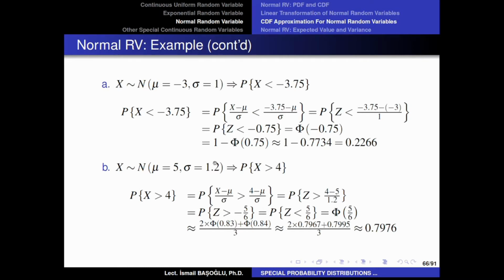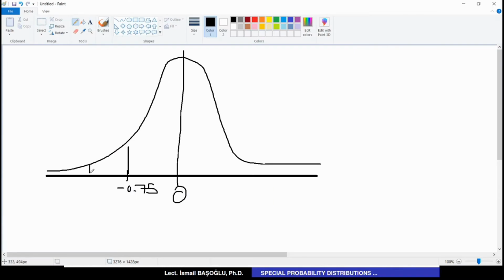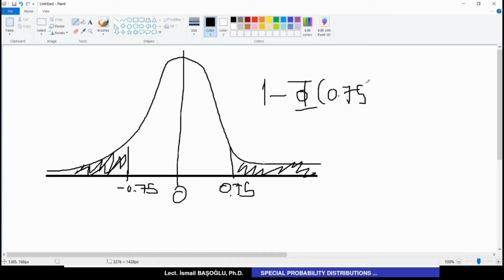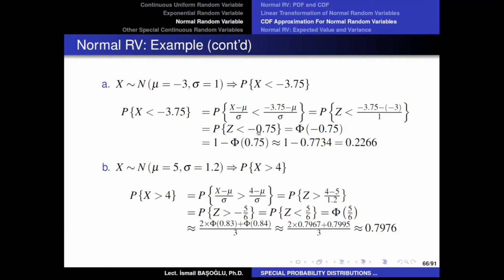So let me draw you the picture for that. So I am looking for this area. What is the area here? Now that area is exactly equal to the area on the right-hand side of the positive counterpart of -0.75, which is 0.75. So if I subtract the area on the left-hand side of 0.75 from 1, then I would calculate my result. And that is this formulation.